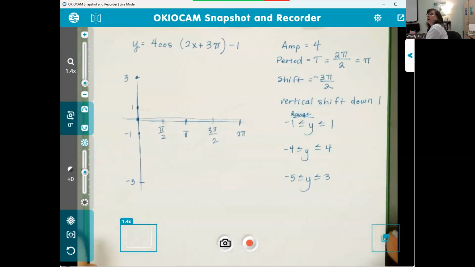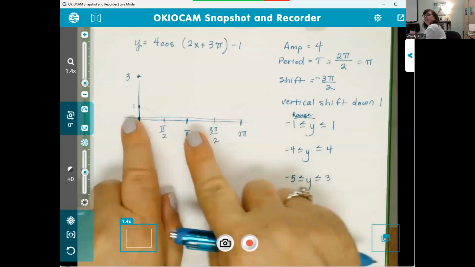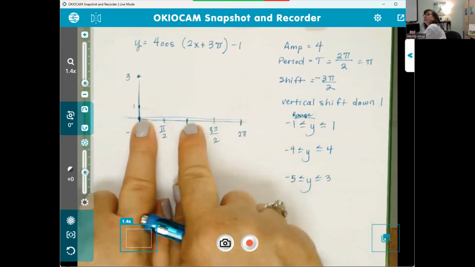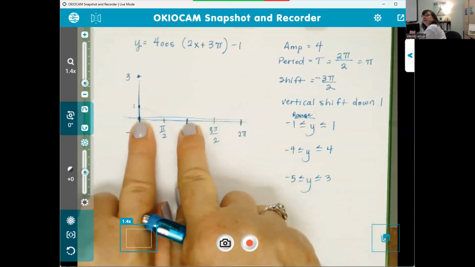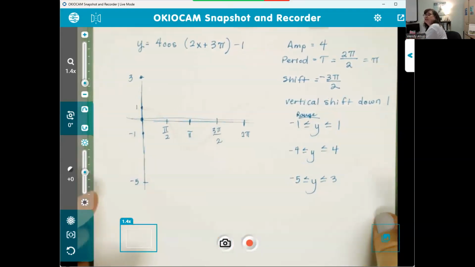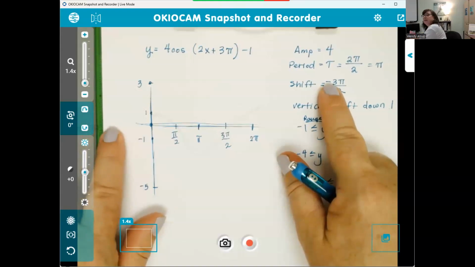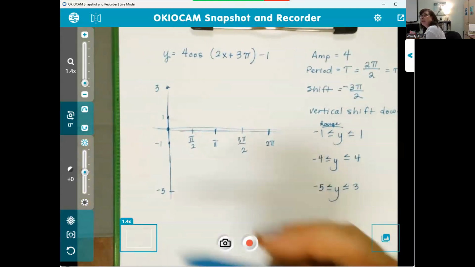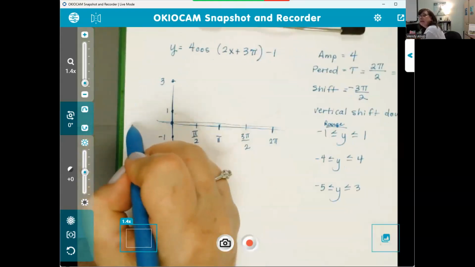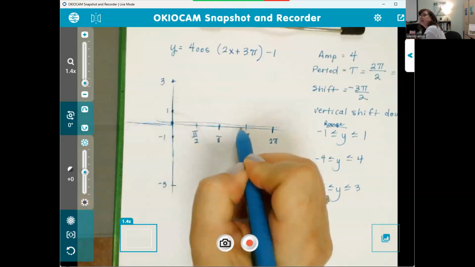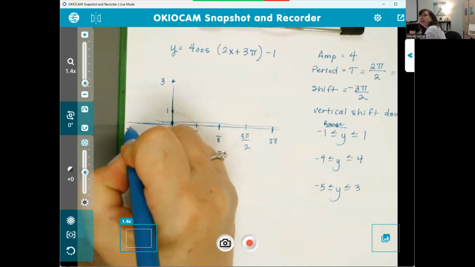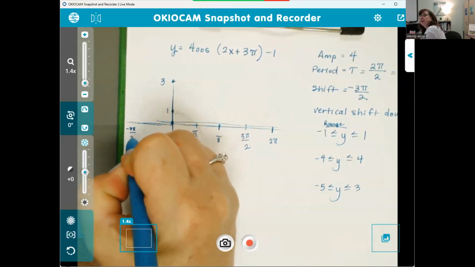Period of pi. So normally it starts out like this, but ours is squeezed in. So we've got a period of pi now, but we're going to take this period of pi and flip it, shift it left 3 pi over 2, which is actually, oh, I didn't even leave myself enough room to be on scale with this, but we'll say -3 pi over 2 is way over here.